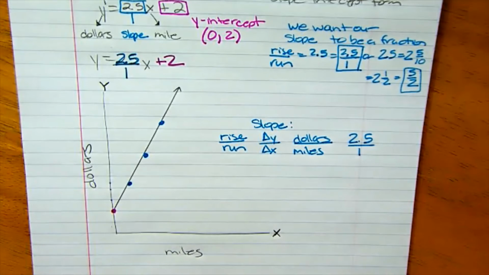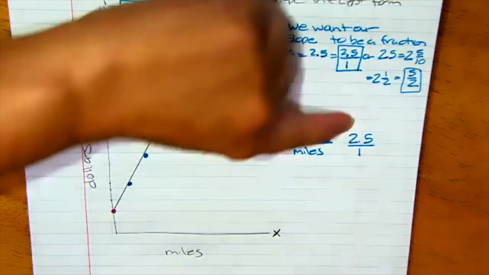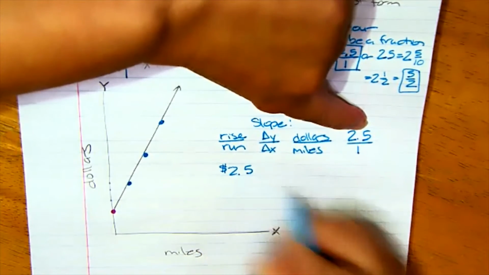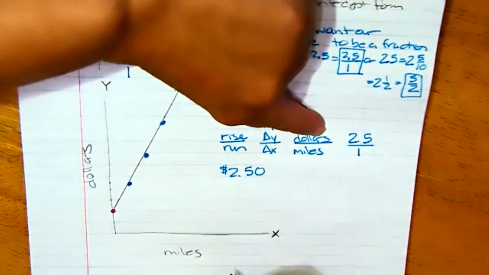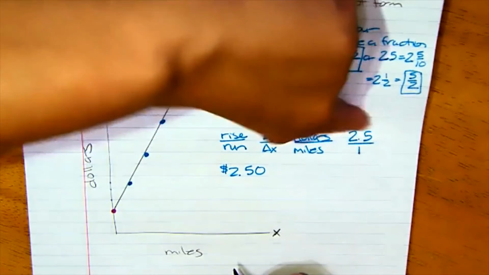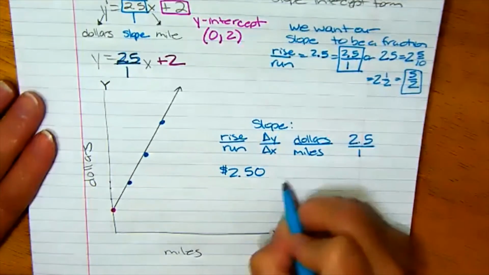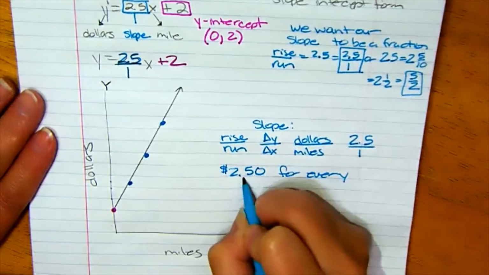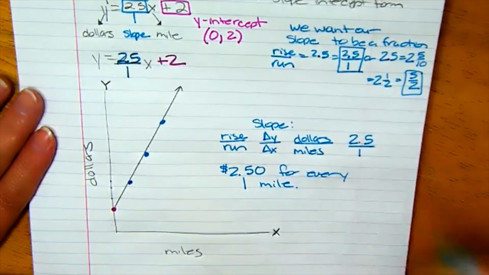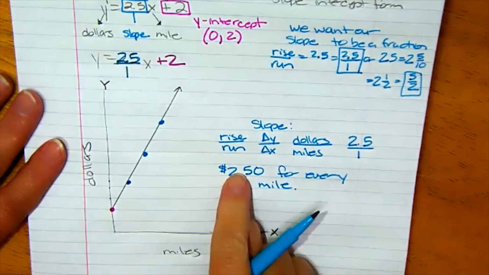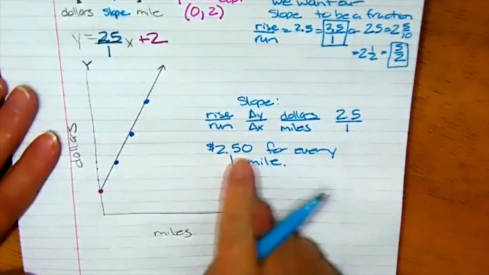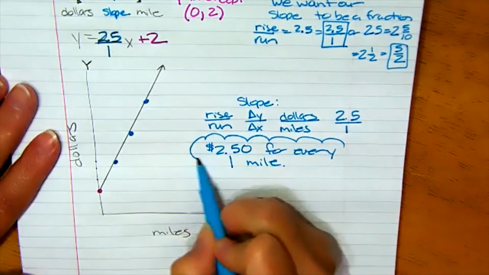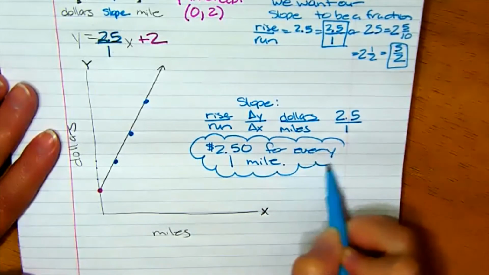What does that mean? Well, it's going to cost $2.5 for every 1 mile. So it costs us $2.5 for every 1 mile. This is my slope.